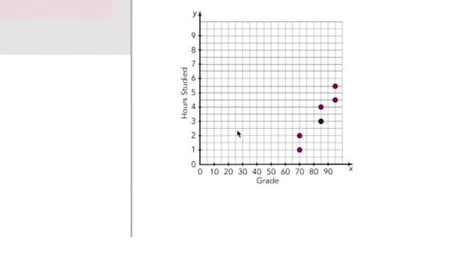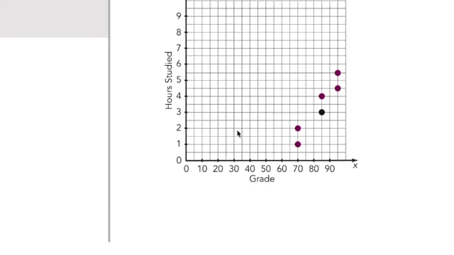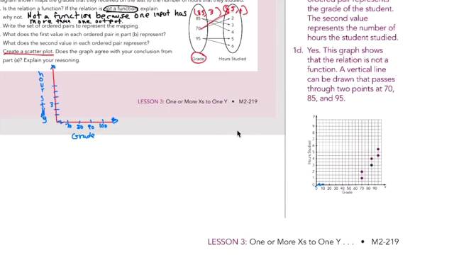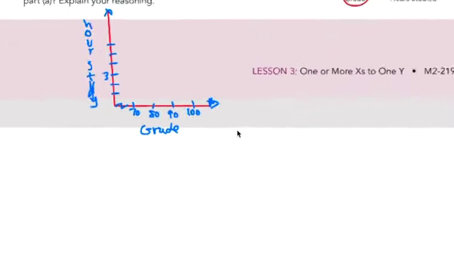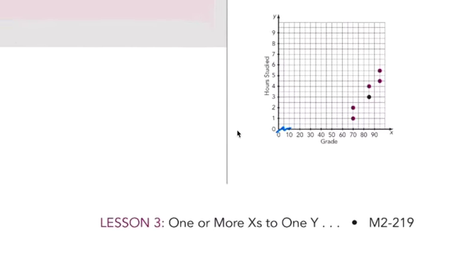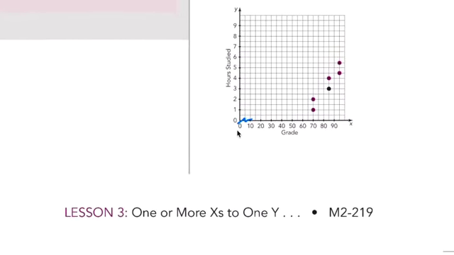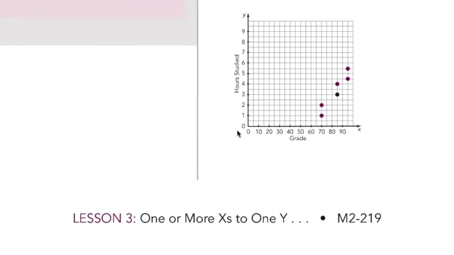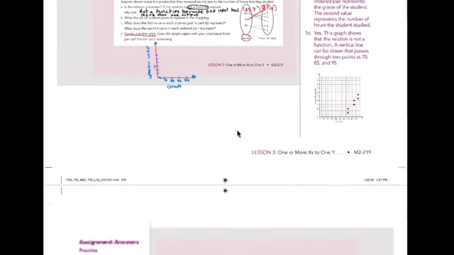They did 10 to 100. You don't have to do that. You can just put that little squiggly line and do the same thing, showing that there's numbers before. But you can do it this way: 0, 2, and get that dot. Notice the vertical line test doesn't pass.